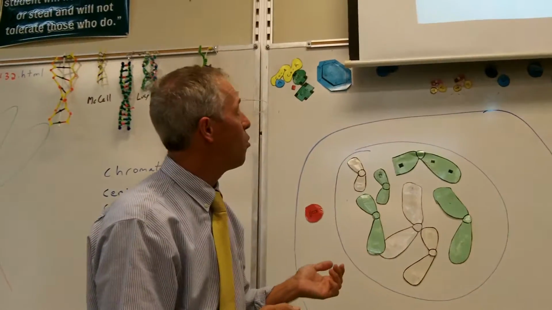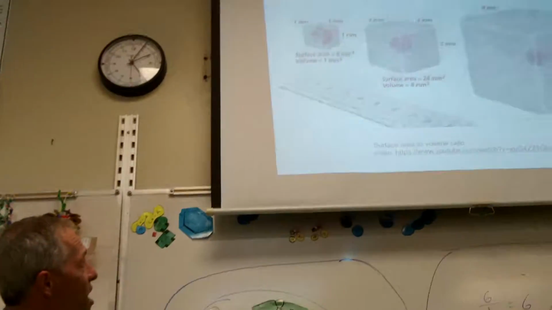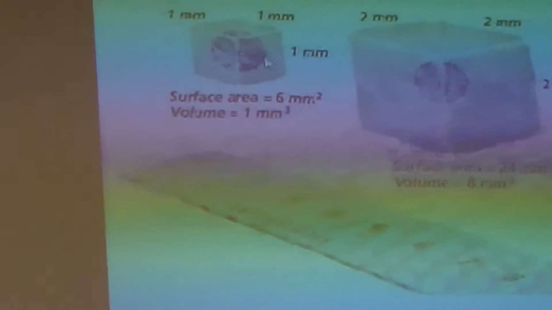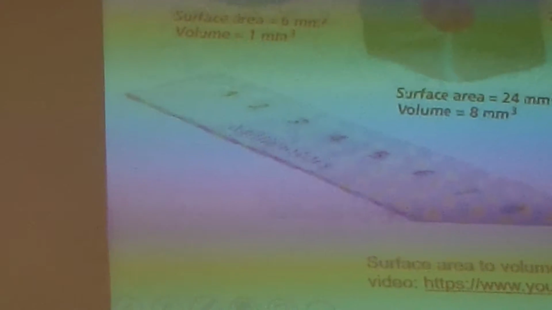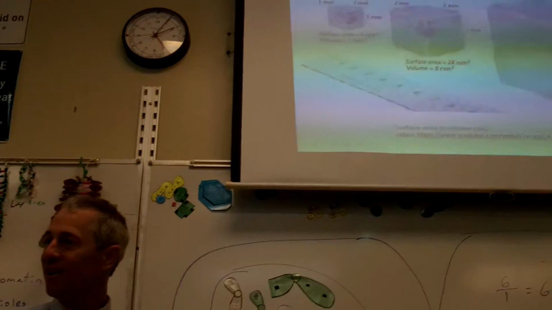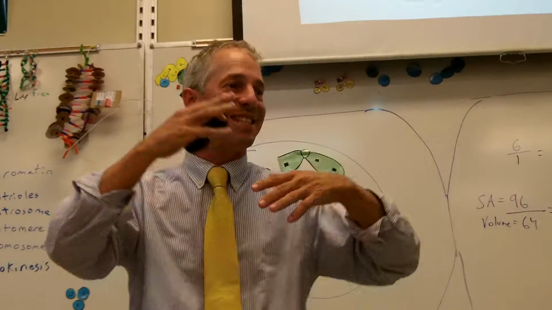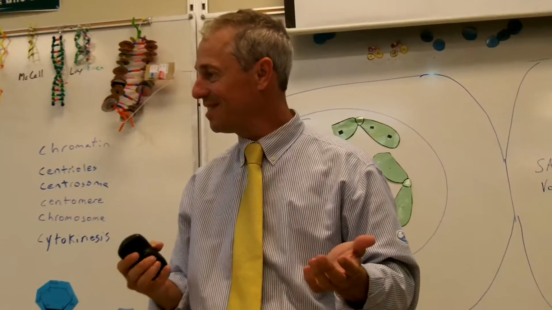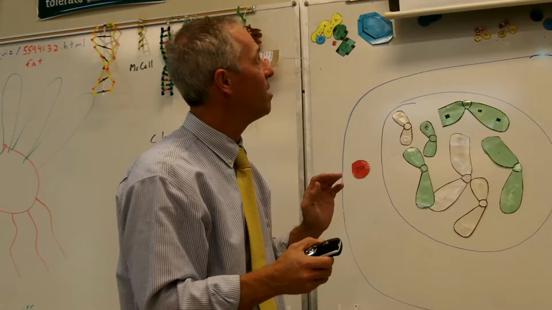So if this cell is 1 millimeter on each side, then one side is going to be 1 times 1, which is 1 square millimeter, times 6, because there's 6 sides, so 6 square millimeters. Did y'all see how that was figured? You figure out the area of one side, and then you multiply by 6 to get the area of all 6 sides. Does that make sense? So the surface area of this small cell is 6 square millimeters.